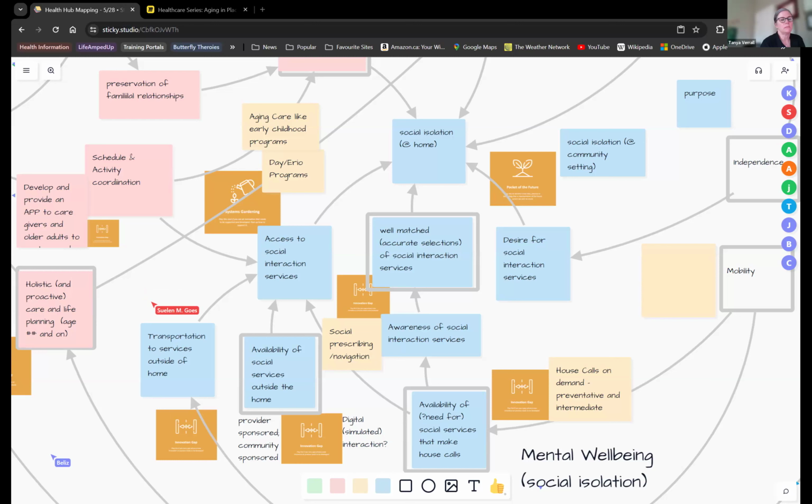I'm still circling around Kyla's mind-blowing idea around the babies and children's wellness program and developing one for seniors. But my thought in combining that with social prescribing, one of the challenges here is they're hiring these navigators, these community connectors, and we have to rely on a prescriber to identify that there's a need.